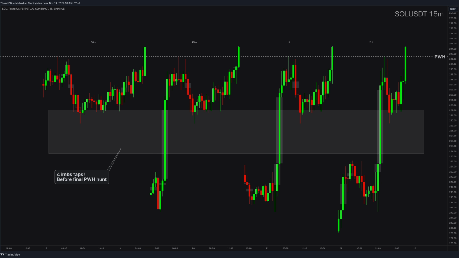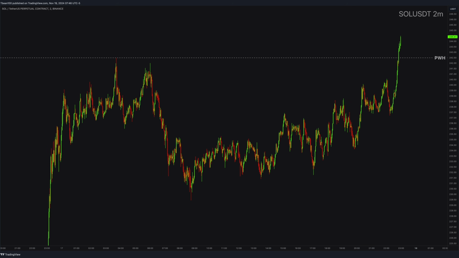Okay, now I want to talk about the lower time frames. This is the same chart, but much lower time frames to seek an entry. This yellow point area is where the 4 higher time frame imbalances are located. Right at the top, I can instantly notice these lovely equal highs.